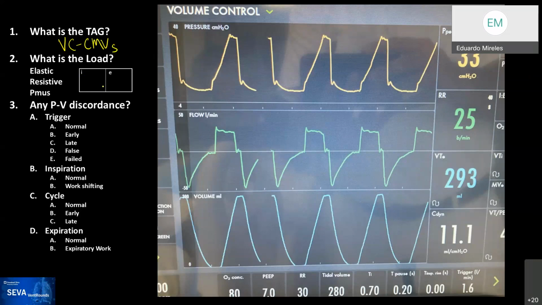Load-wise, I'm going to go to the non-control variable. So I'm going to go to the pressure waveform, and see, first of all, if I can get a breath without too much PMOS. I don't see a whole lot of PMOS in the non-control variable. There is a pretty high peak, so I would say that there is predominantly an elastic load, both inspiration and expiration.